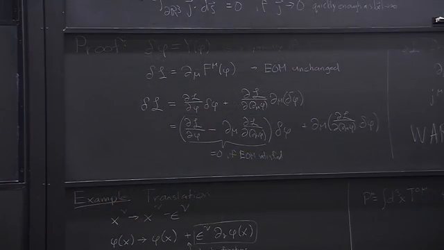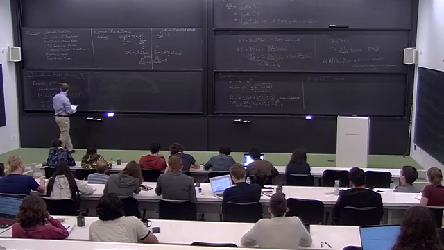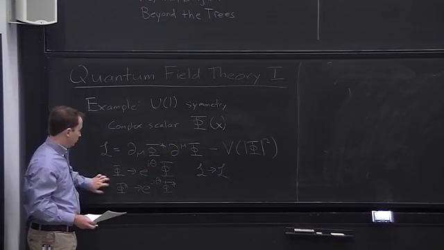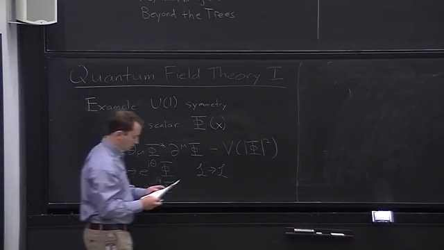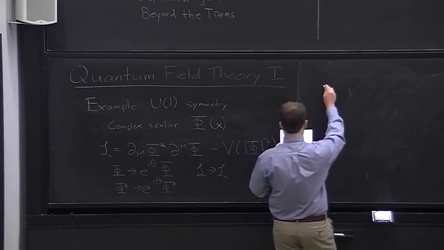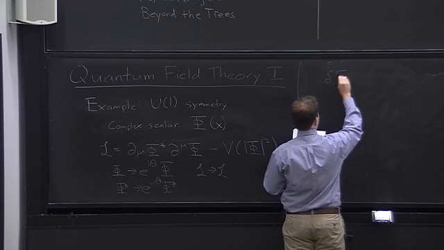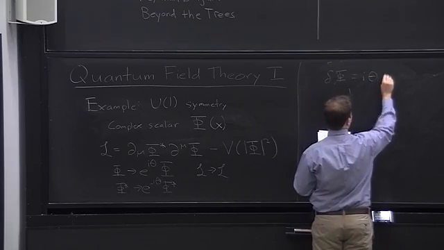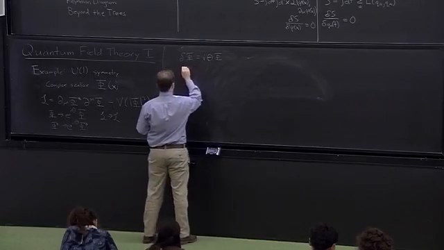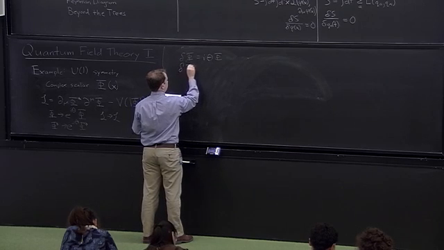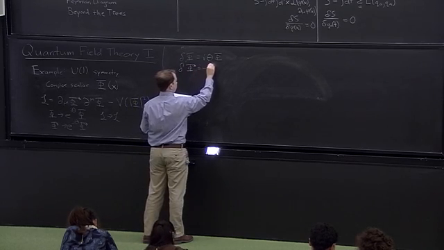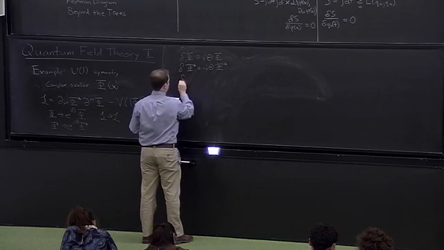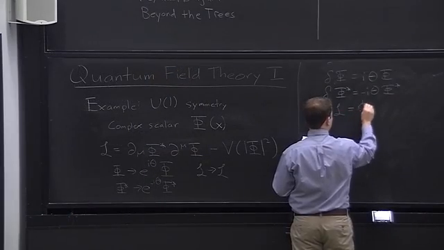We can make these transformation laws infinitesimal basically just by treating theta as a small parameter. And if we do that, we get that the variation of phi is equal to i theta times phi, the variation of phi star is minus i theta times phi star, and the variation in the Lagrangian is equal to 0.